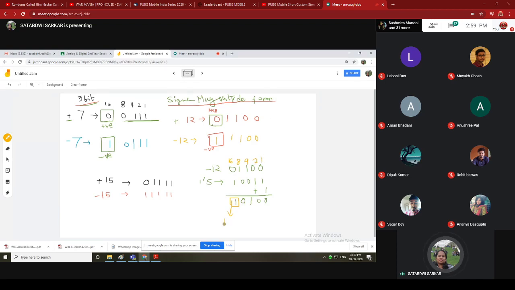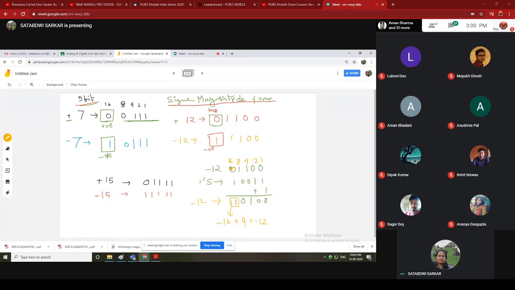So this position is 16. So this is minus 16 plus, for this, its position is 4. So we are again getting the value minus 12. Okay, so this is also minus 12.